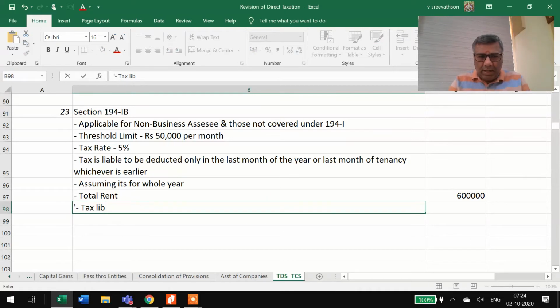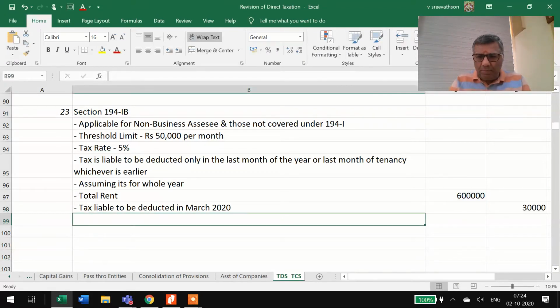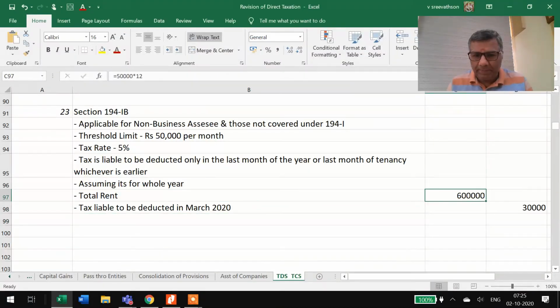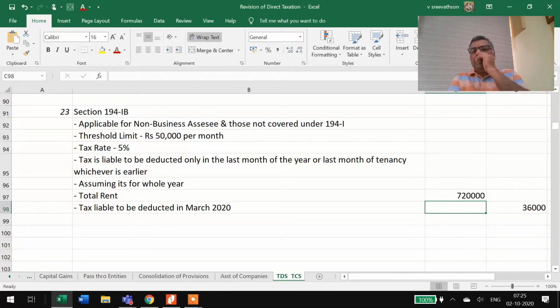Tax liable to be deducted in March 2020 is 7,20,000 into 5%. 36,000 you will be paying to the department.